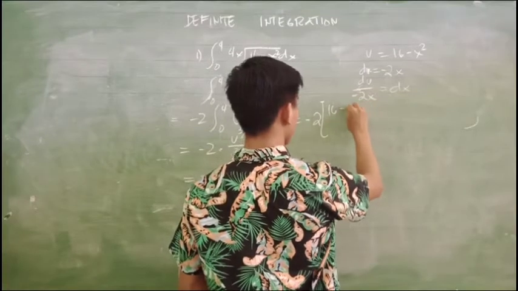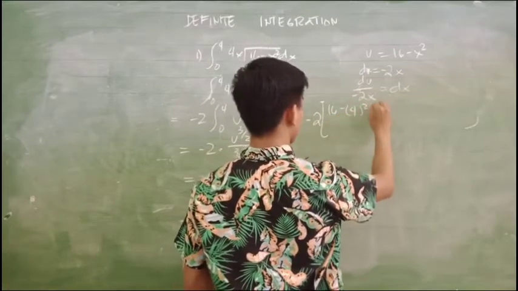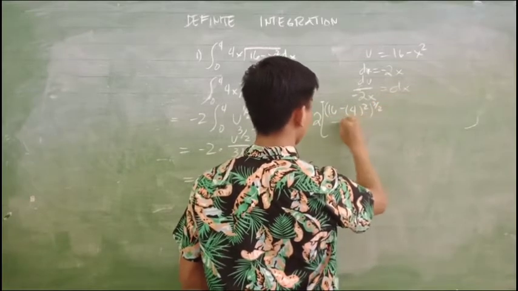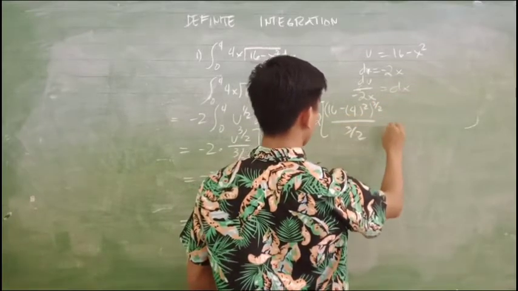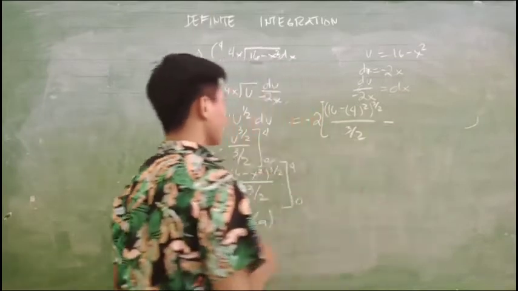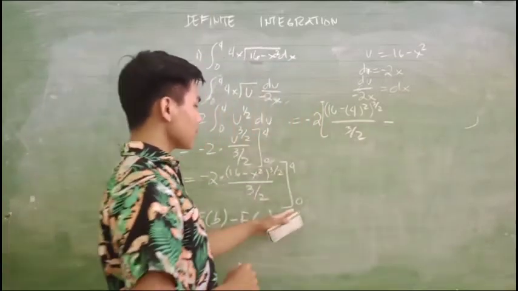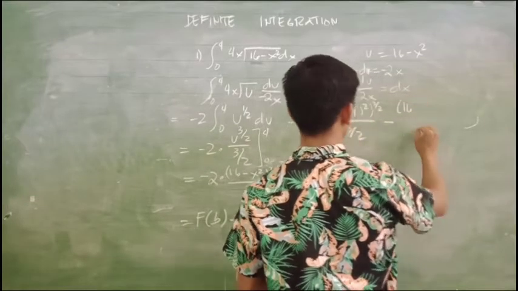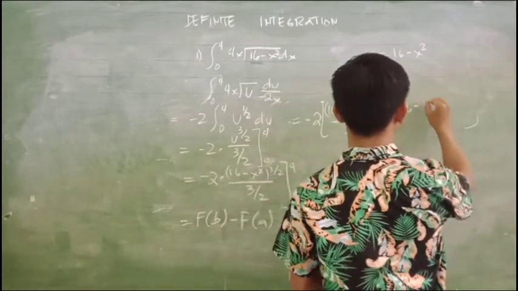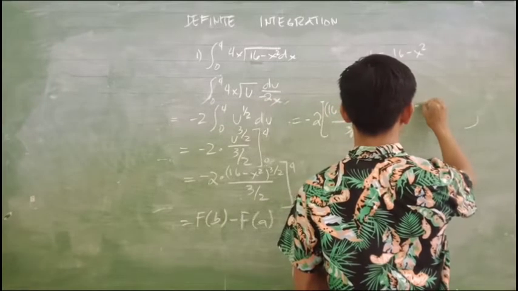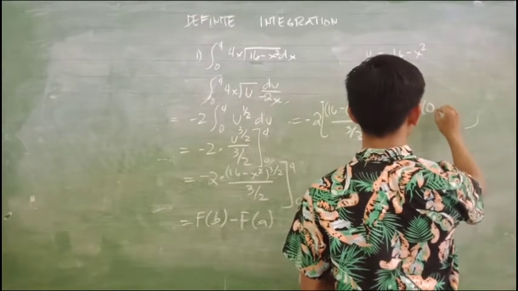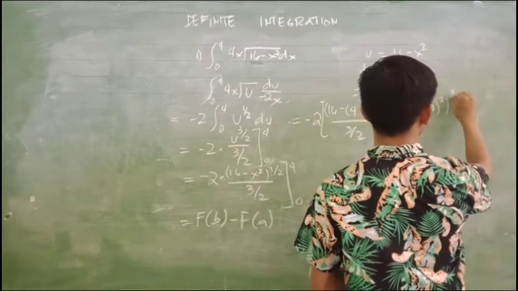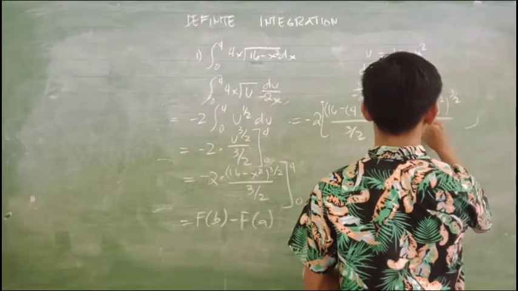So that would be 4 squared, raised to 3 halves over 3 halves. So minus our lower limit, which is 0. So we have to put 16 minus 0 squared, raised to 3 halves over 3 halves.